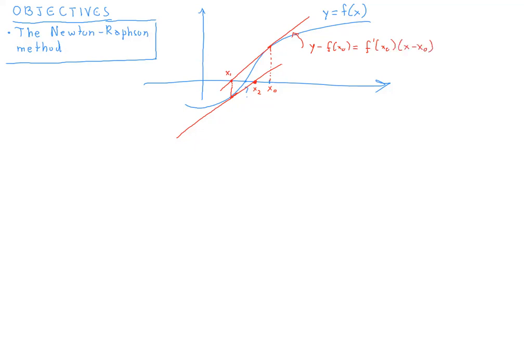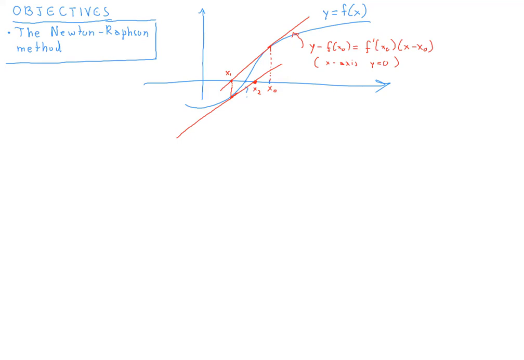And to find the point x1, we need to find where this intersects the x-axis. And a point that belongs to the x-axis has y-coordinate equal to 0. In fact, y equals 0 is the equation of the x-axis.